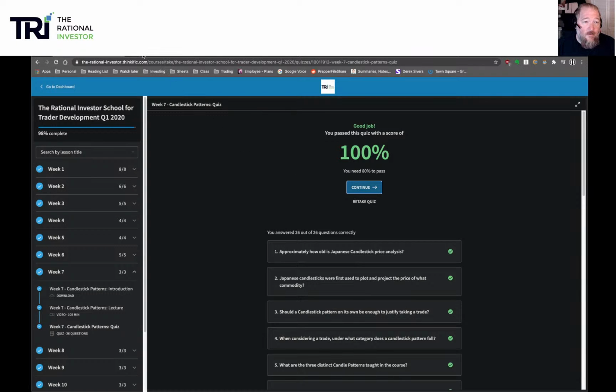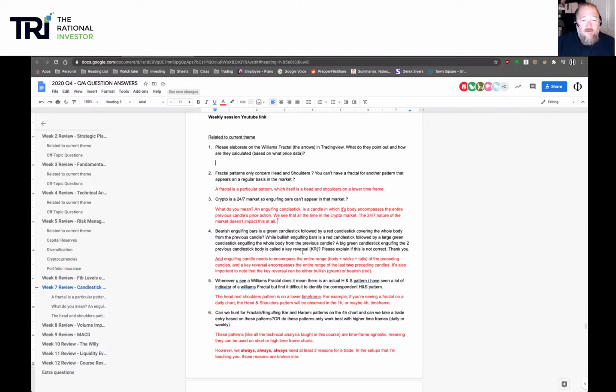All right. Let's get into the Q&A sheet. So the first question, please elaborate on the Williams fractal in TradingView. What do they point out and how are they calculated? So I think we've answered this question just in going through this. I'm not sure exactly what you're asking here.